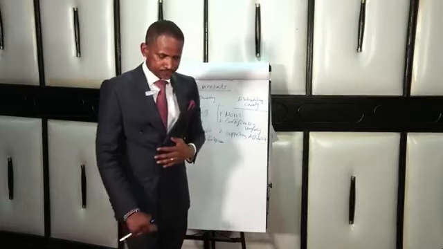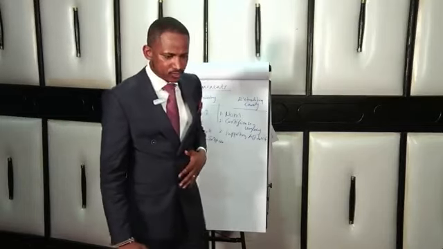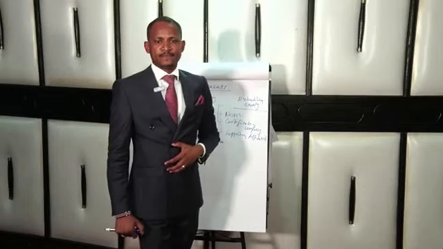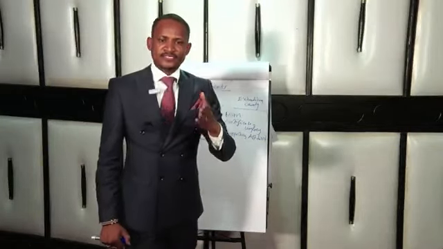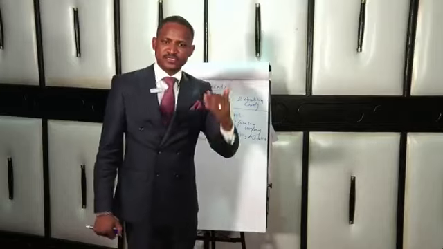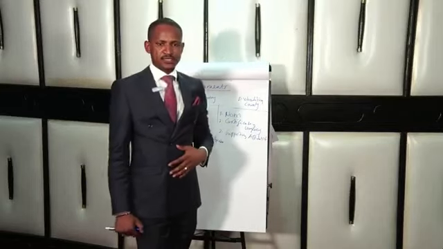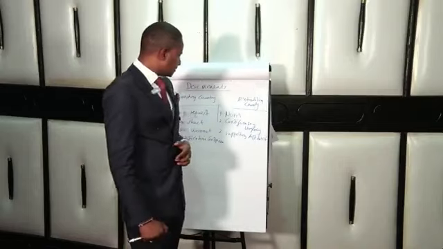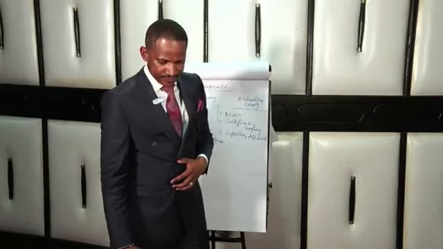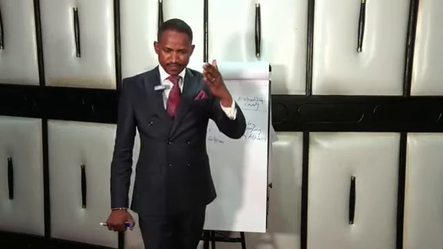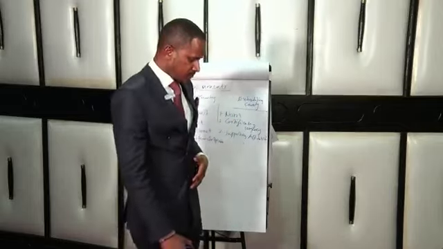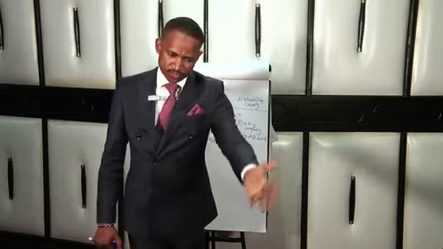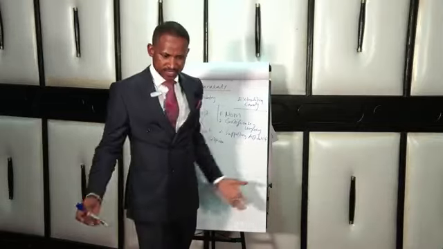Order number 2, you can request the court that a warrant of arrest be issued on the suspect, such that the suspect is arrested and put in custody. Order number 3, that the accused person or the suspect deposits his passport in court so that he cannot travel to any other country.